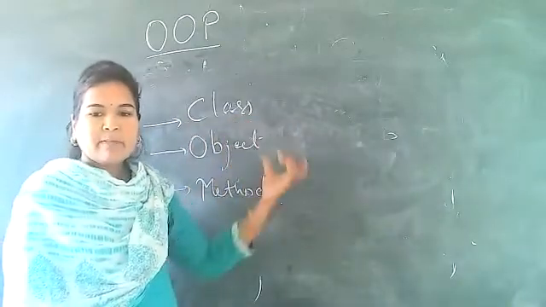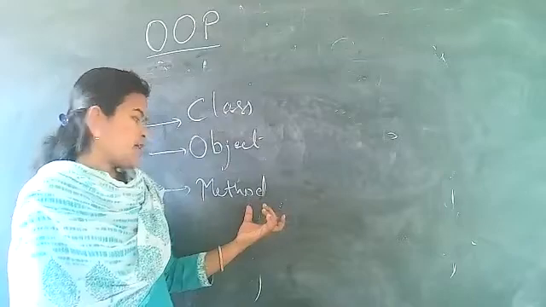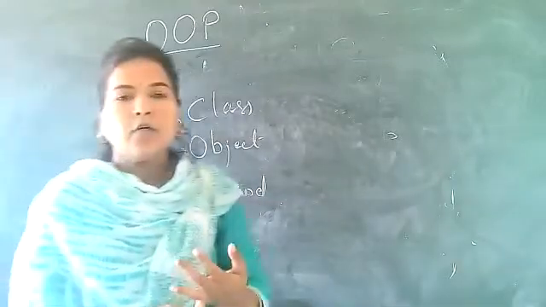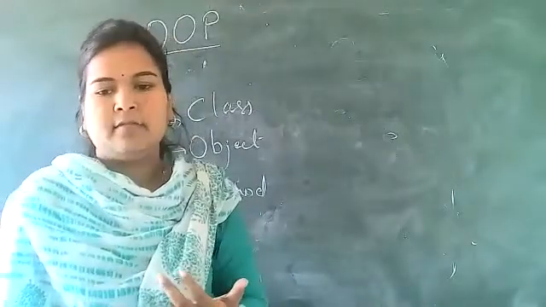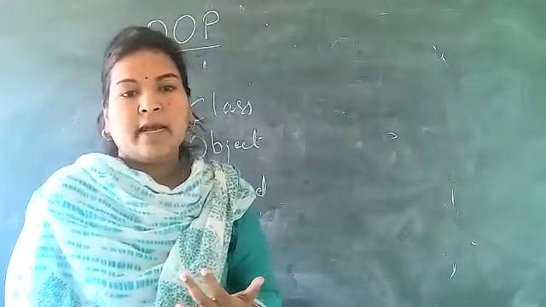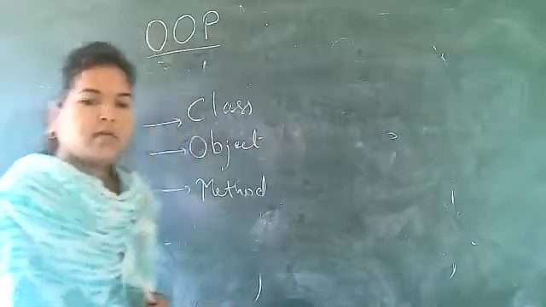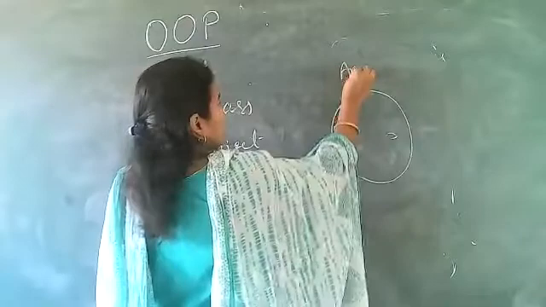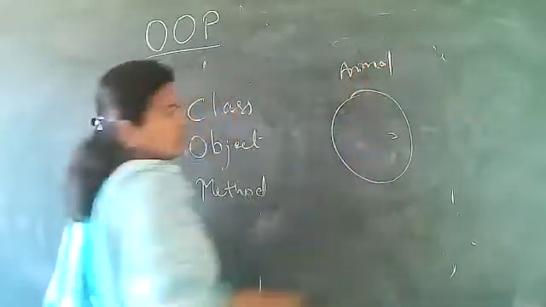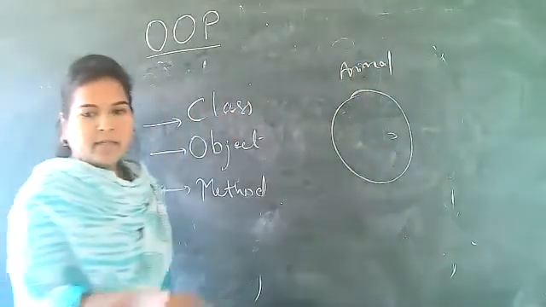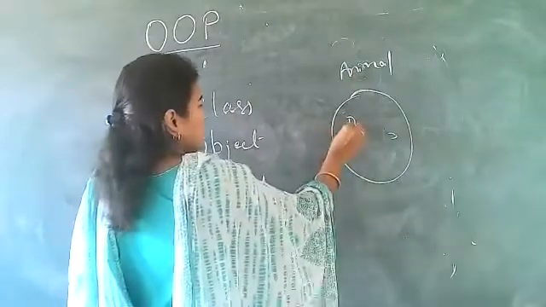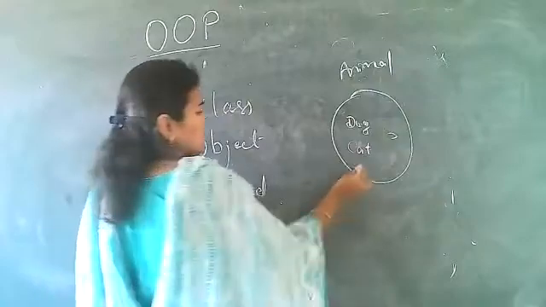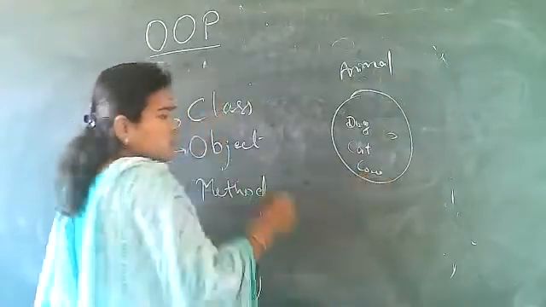See one thing, before explaining what is class, object, and method, I will take one example. Do you know animals? What are the animals? It contains dog, cat, cow.